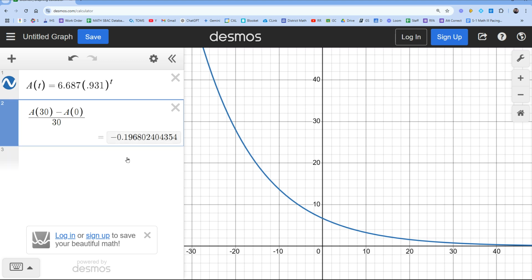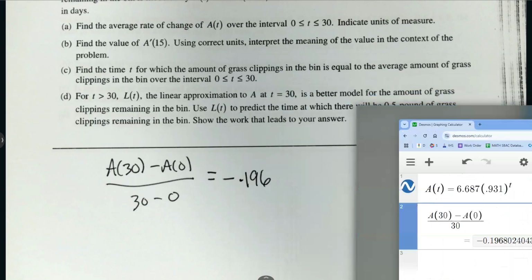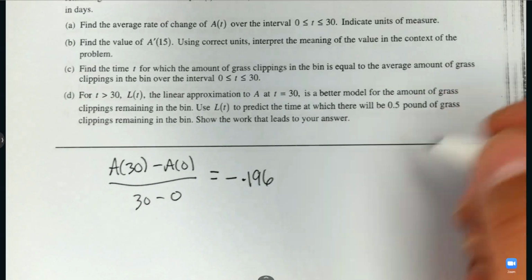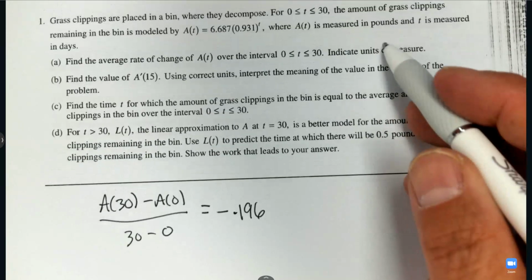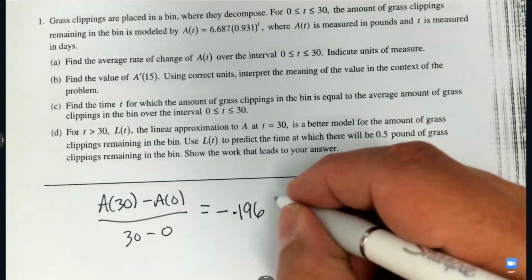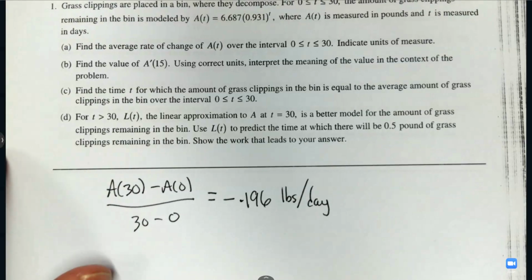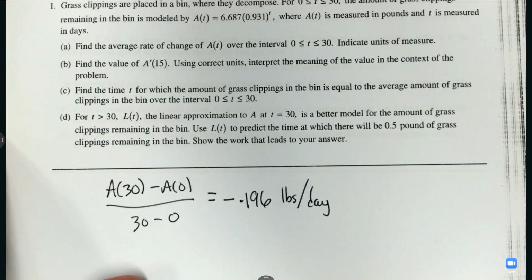That gives me negative 0.196, just truncate, and then I need units. So the average rate of change is still a rate, and that's in pounds per day. So that's the average rate of change over the 30 days.